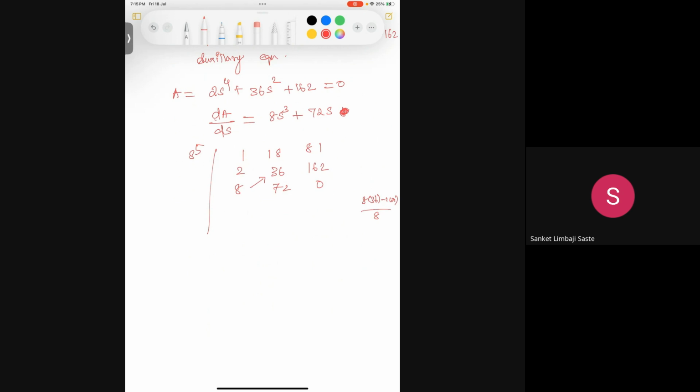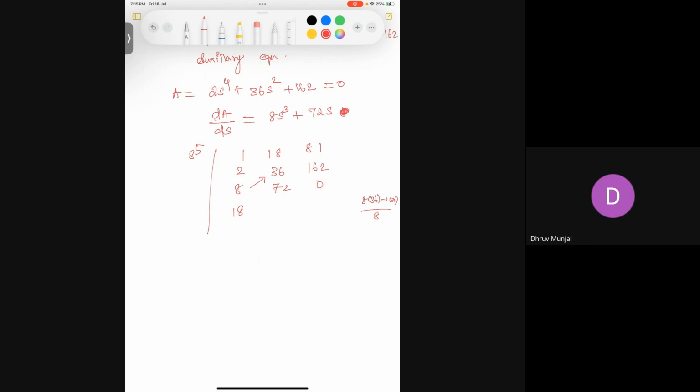This will give you 18. Good. Now again finding, 72 into 162, again this will be 0 divided by 72. Now if we calculate it, it will be 8 into 162.